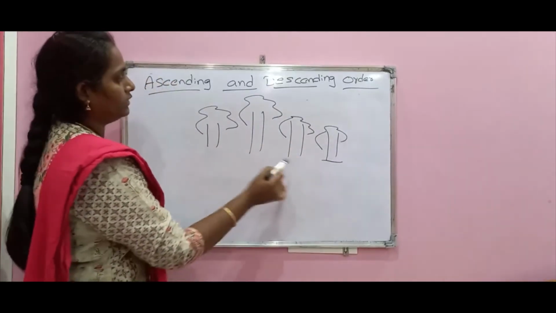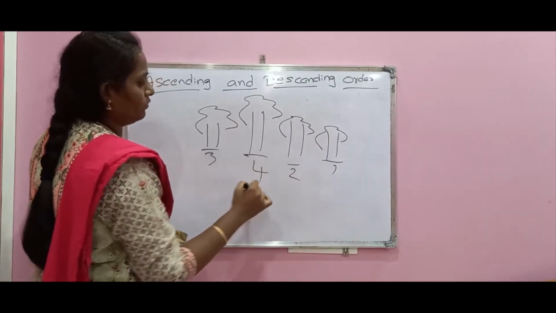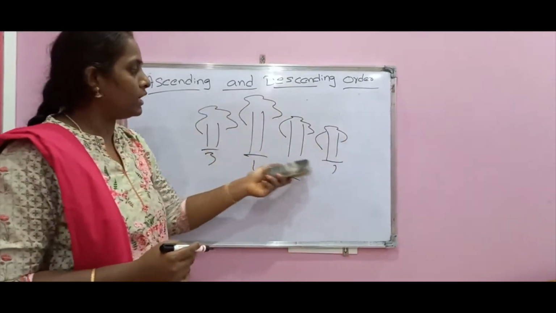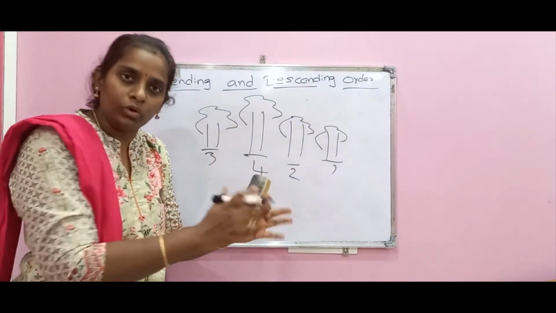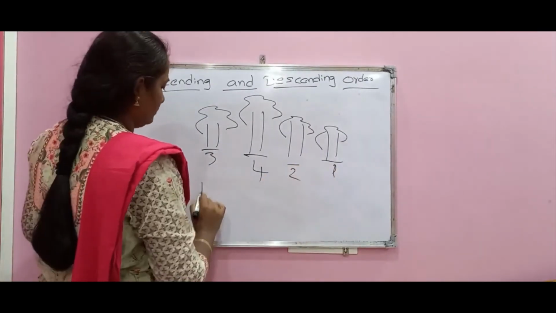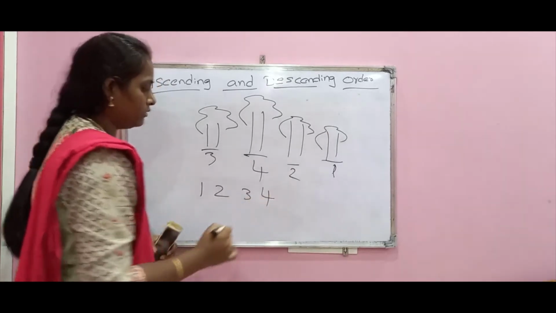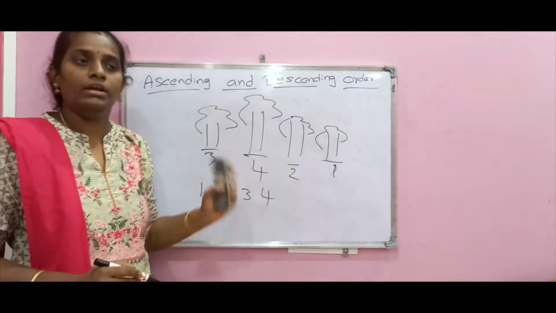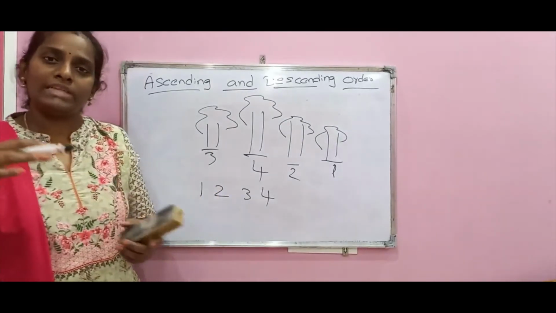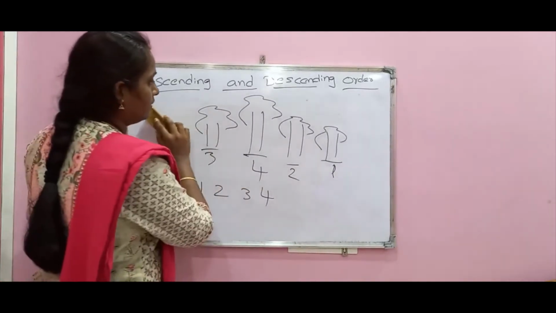After that, this one. This 1, 2, 3, 4. So we have to arrange these from the smallest to biggest. Means 1 is smaller than 2. Next 2 is smaller than 3. 3, 4. This is the ascending order. Arrange the given numbers from smallest number to biggest or largest number.